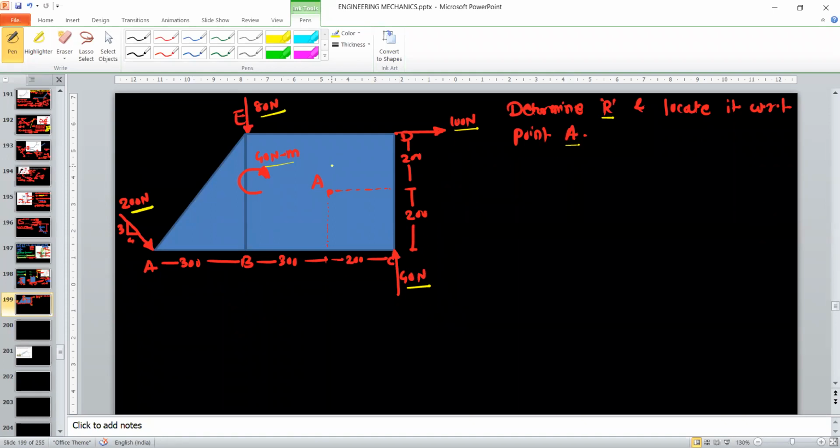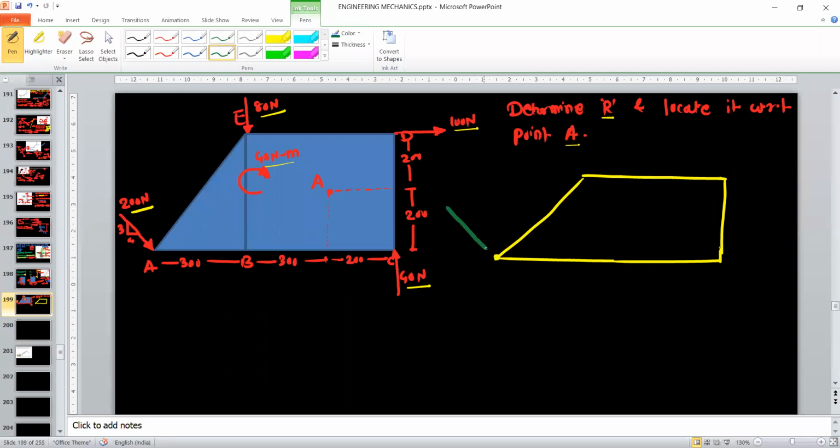Your first step will be to resolve the forces which are inclined. There is only one inclined force, and it is the 200 Newton. So you can redraw this diagram. At this point we have the force which is 200 Newton.